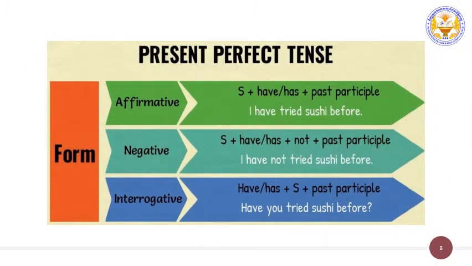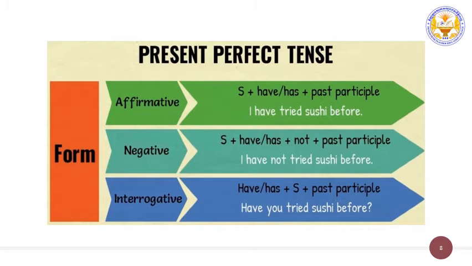So here is the form of present perfect tense in positive form, negative form, and question form. In positive form, you just use have and has with the verb participle. For example, like I have tried sushi before.